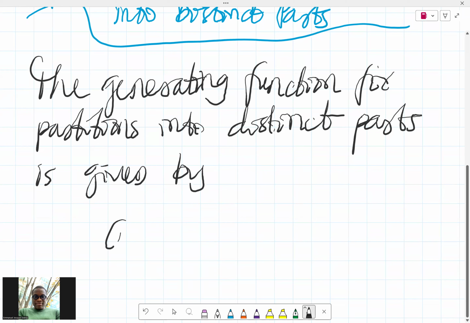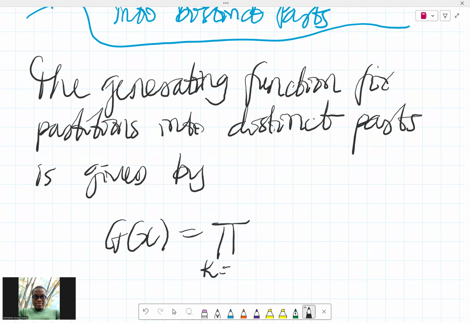by this expression: g of x equals the product from k equals 1 to infinity of 1 plus x raised to power k. So I think we talked about this when we were talking about generating functions in combinatorics. So this is the expression for that.